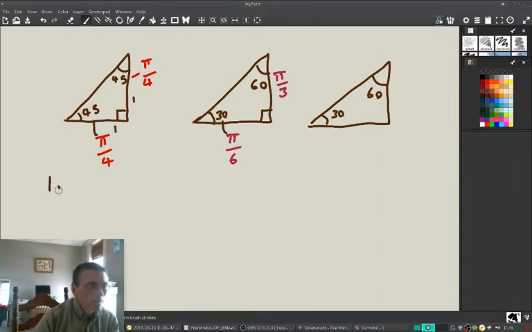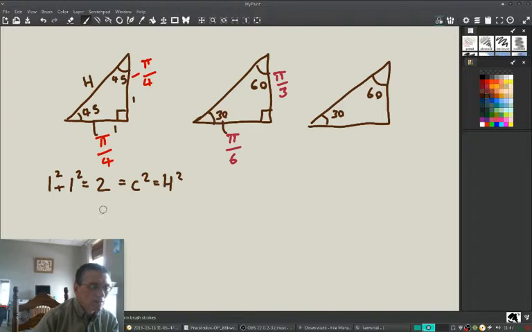And then we get 1 squared, which is 1, plus 1 squared equals the hypotenuse here, equals c squared, which equals 2. So c is square root of 2.